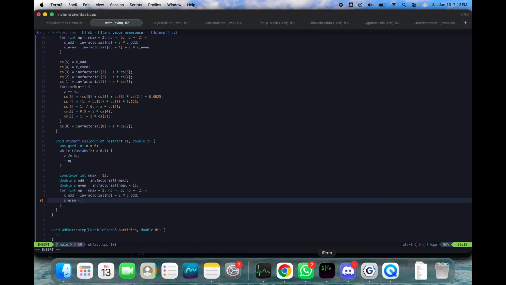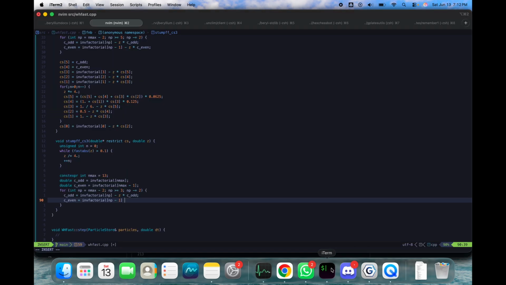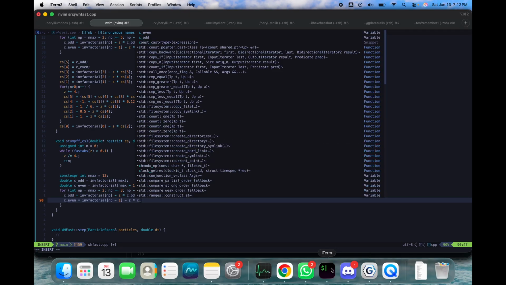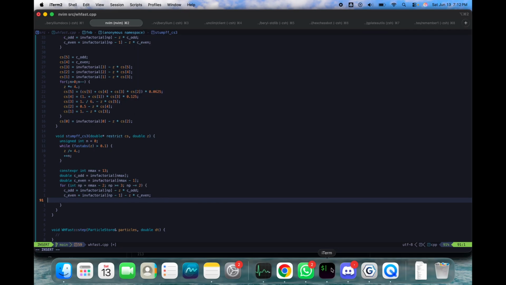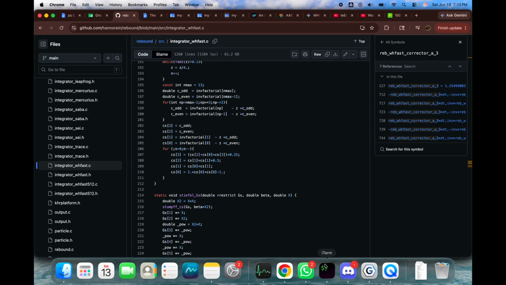C even equals n factorial index NP minus 1 times Z times is even. Yeah, this looks kind of similar, but it's slightly different.